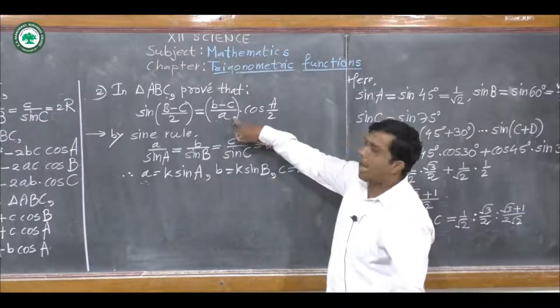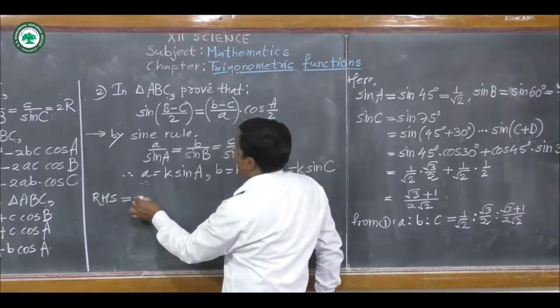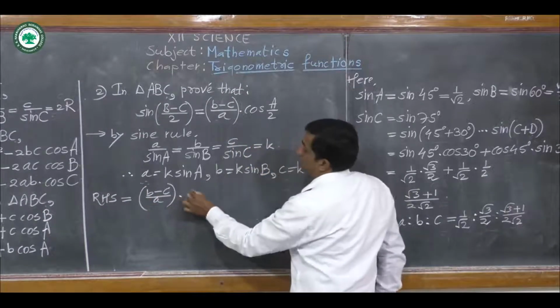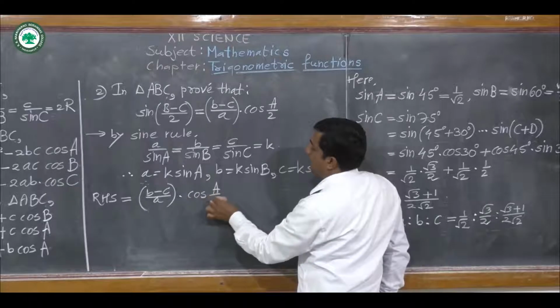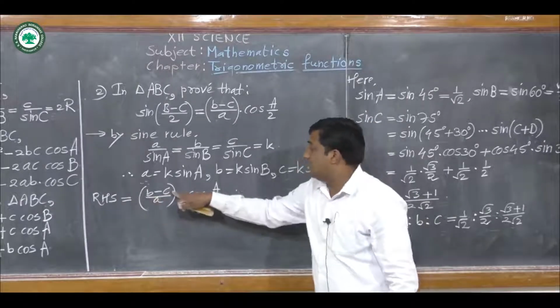Let us consider the RHS. RHS is (b minus c) upon a into cos of A by 2. Let's replace a, b and c.